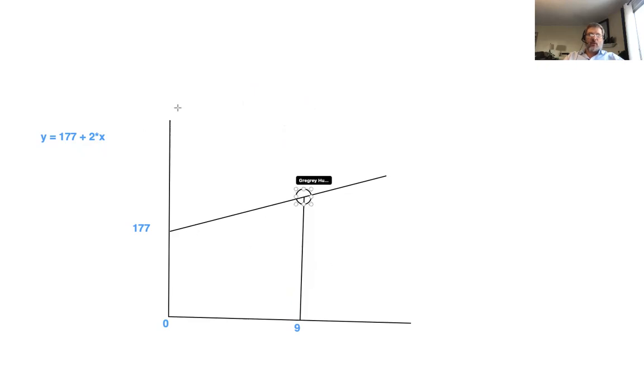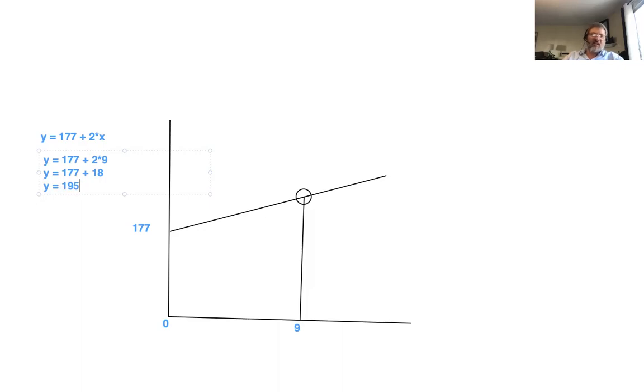Okay, so we would have y is equal to 177 plus 2 times 9, and then y is equal to 177 plus 18. And so 7 plus 8 is 15. So this is going to be y is equal to 195.